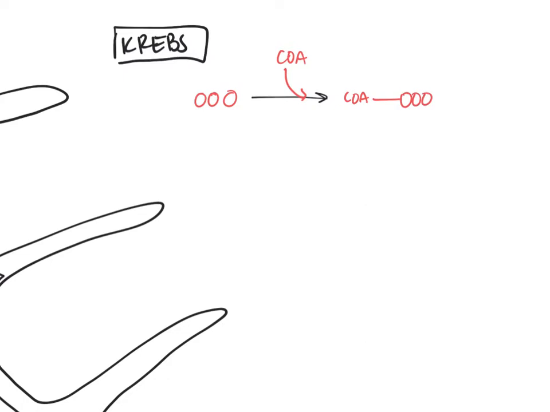And as a result of this, we are also going to lose a little bit of carbon dioxide. This is where oxidation occurs, where we are losing some electrons to carbon dioxide. That carbon dioxide is going to leave the cell.